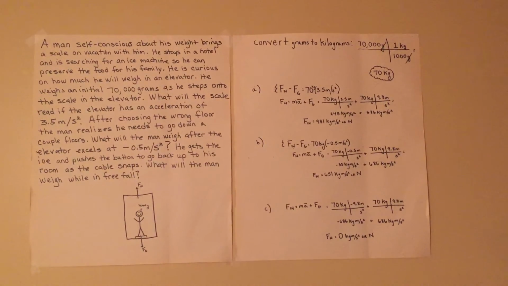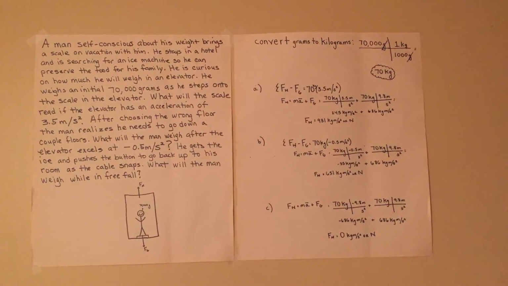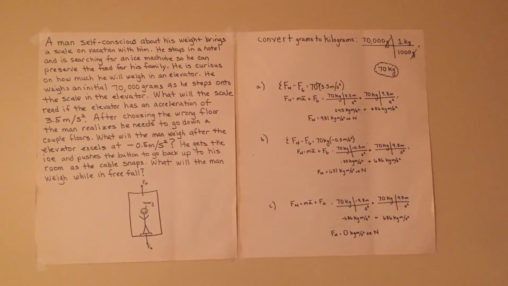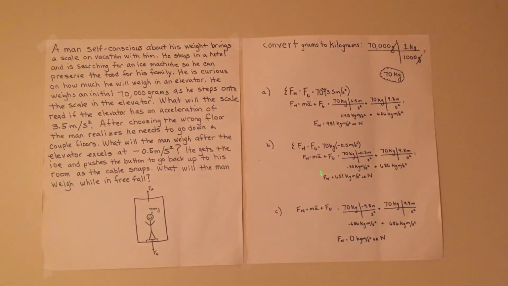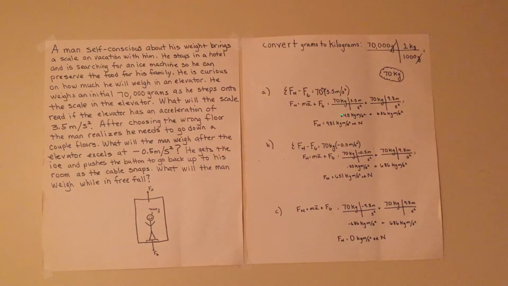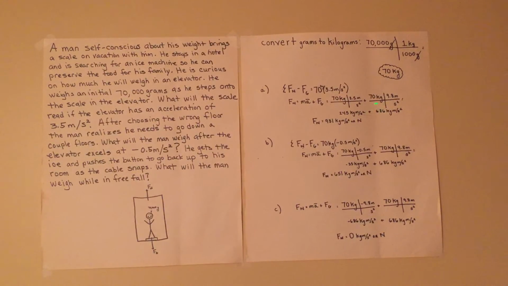But a man cannot have a negative mass, so to avoid that you need to add the gravitational force over to the other side to solve for normal force.